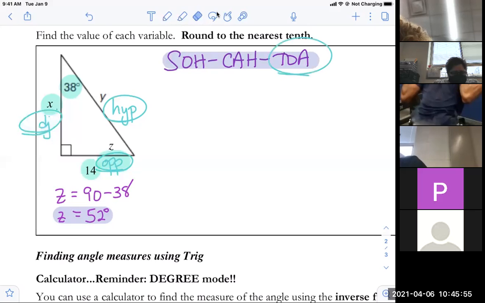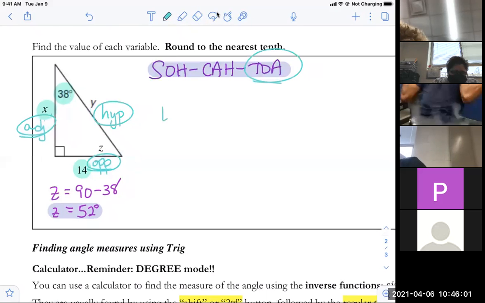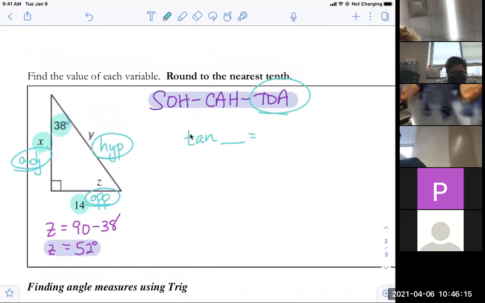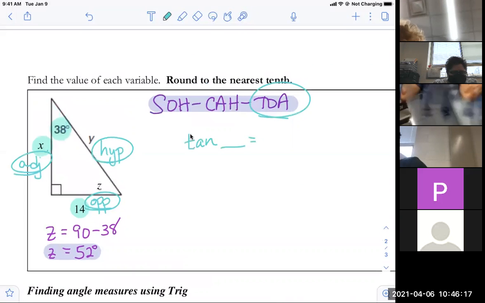Okay, can you give me the tangent equation? Tangent. Okay, tangent of what? What comes after tangent? The thing that follows sine, cosine, tangent is always an angle.